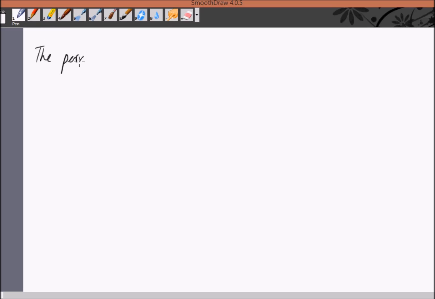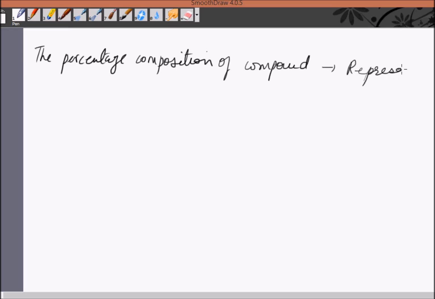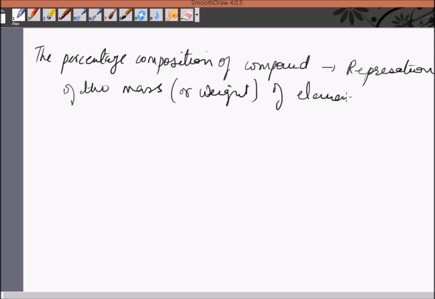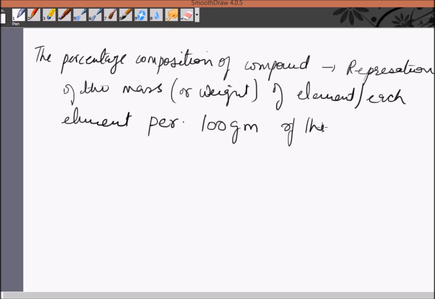The percentage composition of a compound is nothing but the representation of the mass, or you can also call it weight, of each element in the compound per 100 grams of the compound, right?